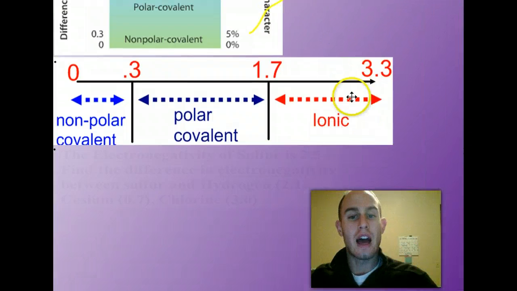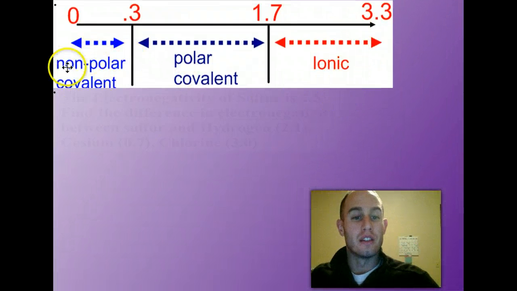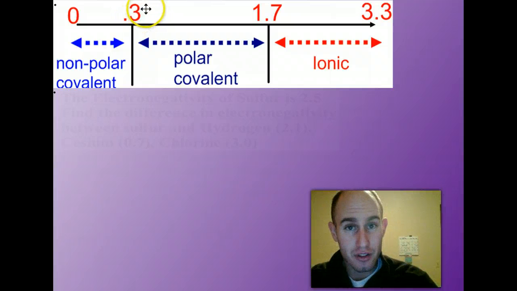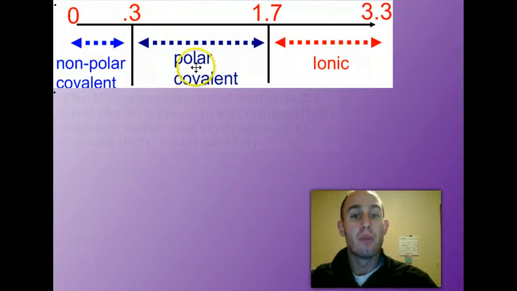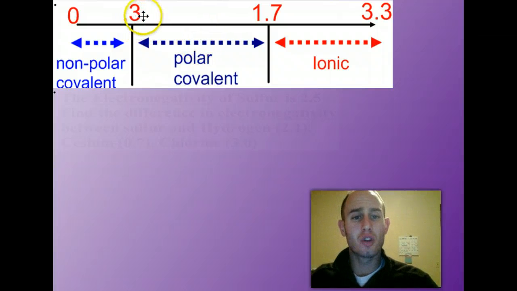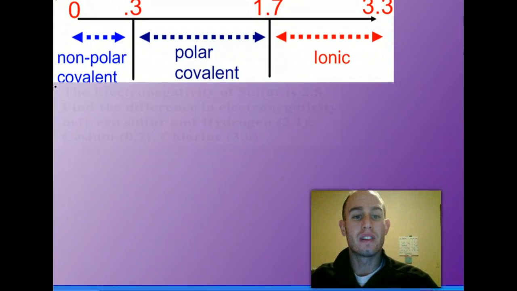So right here you have our trends. Nonpolar covalent, equal sharing of electrons, is from 0 to 0.3. You need to memorize these numbers. Polar covalent, so again, the electron is at the poles, at the far ends away from the middle sharing point for the electrons, is going to be greater than 0.3 to 1.7.